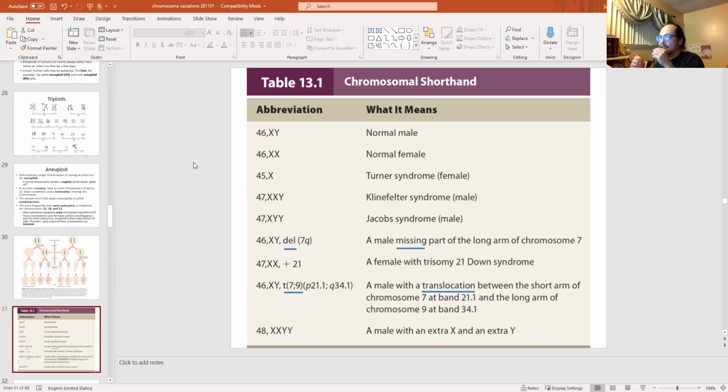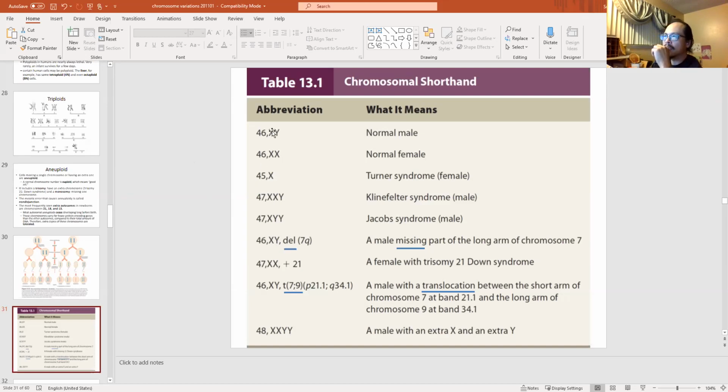But for chromosome abnormalities, it would be too difficult to memorize all these names. Besides, these are not very common conditions, and they can happen somewhat randomly, right? So they came up with an easy way to identify each condition, and that's written here.